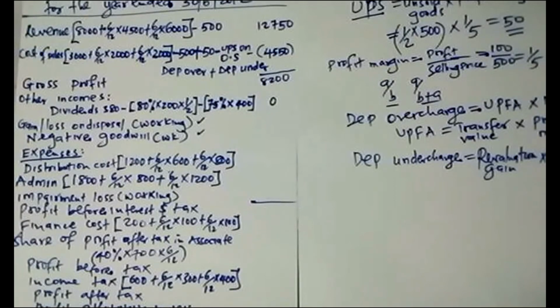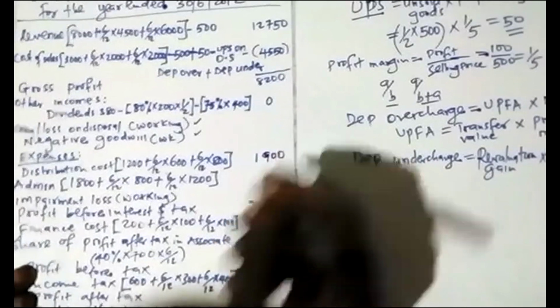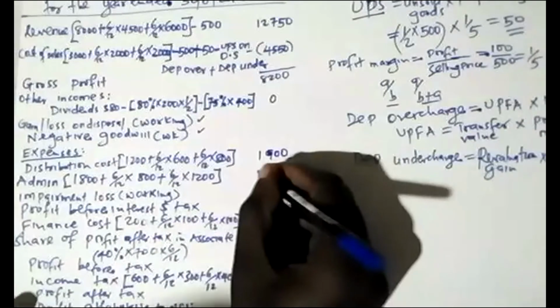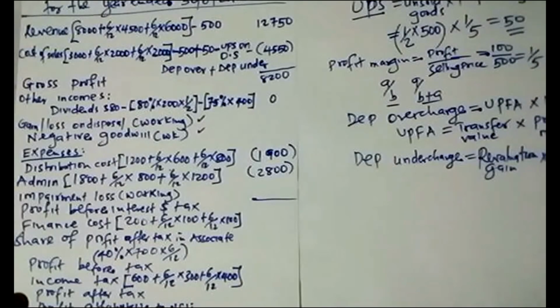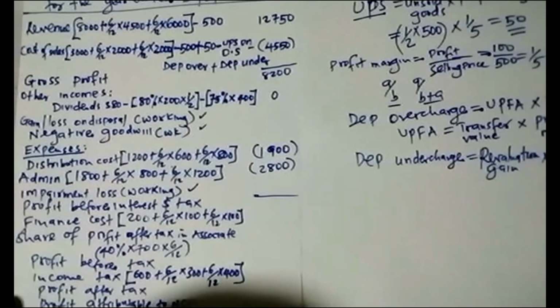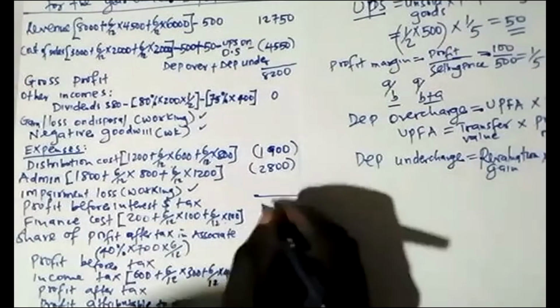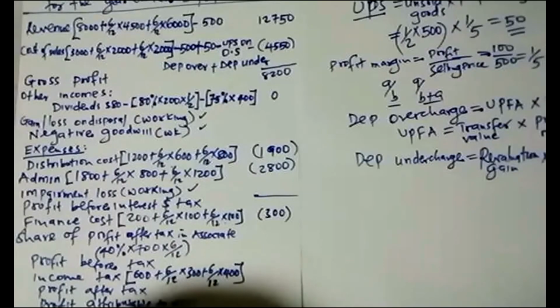For distribution it is 1900, 1900. For the admin is 2800. Then this one needs a working, that is impairment. This one is direct, this is 50, 50, 100, this is 300. Then here is 350 times 0.4.